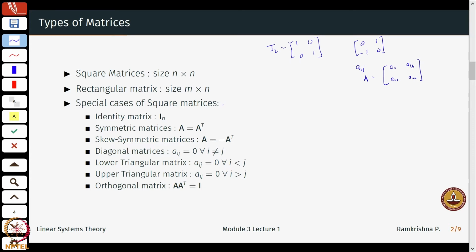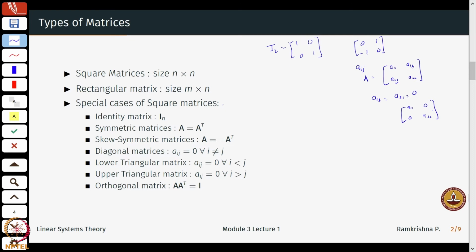So A12 and A21 would be 0, and the diagonal matrix would just look like this. Very straightforward, there is nothing really to explain much here.